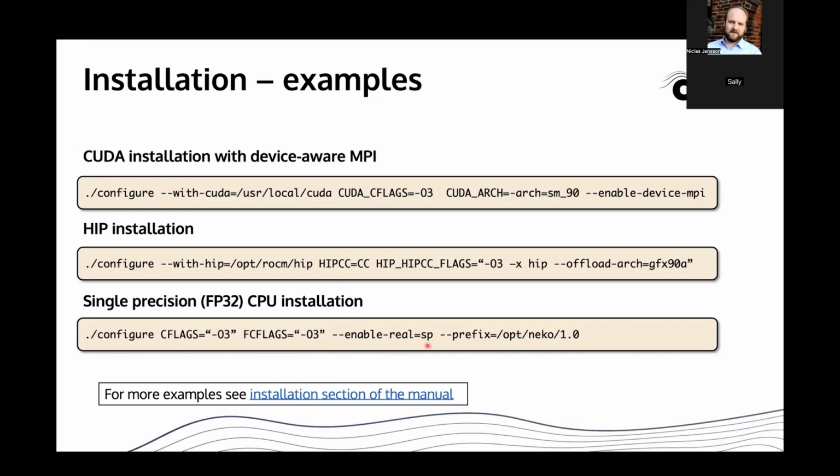The default here is DP, that would be everything in double precision, but whenever real is SP, most of the arrays will be single precision, except reductions and very sensitive arrays, which are still in double precision. If you happen to be running on a machine that supports only single precision, you can do SP for a true single precision build of Neko as well. Again, all this is covered in the manual, so if you're interested in tuning this, please head over there and have a look.